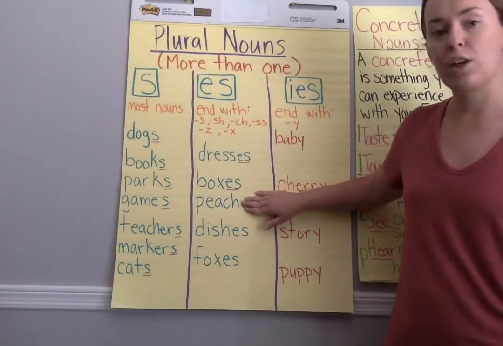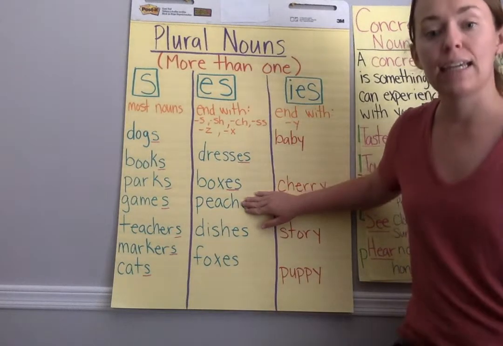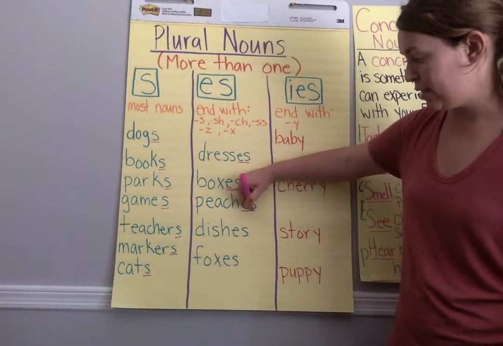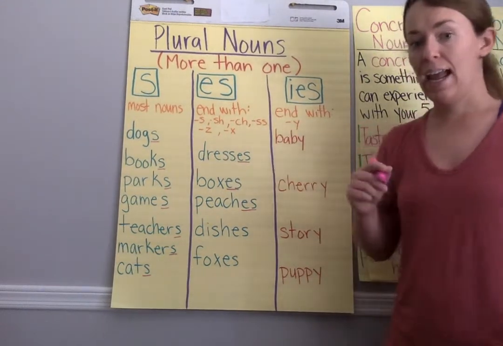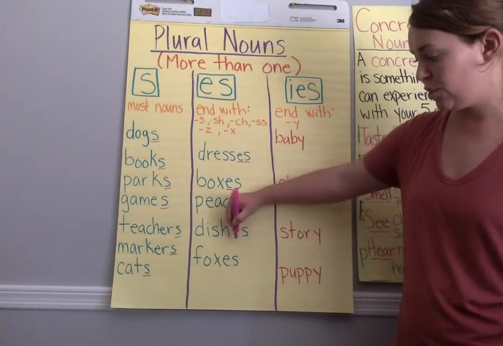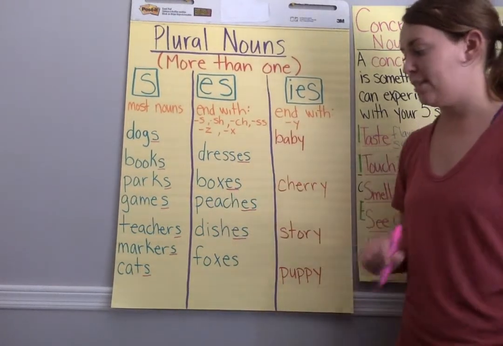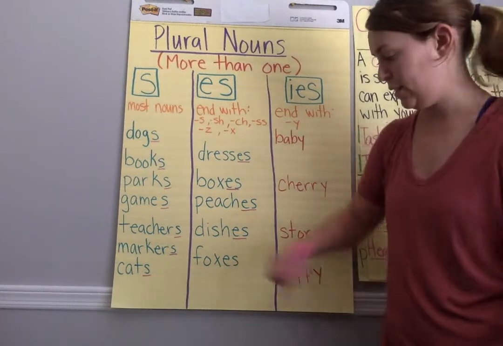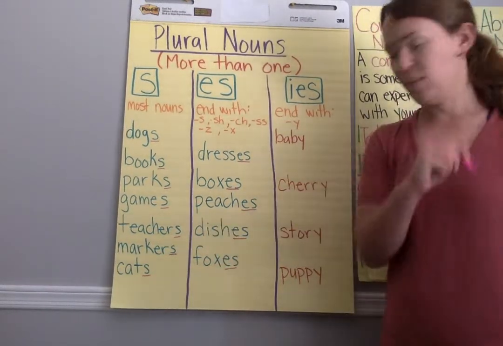If we start with the word peach, to make it more than one peach, we need to add the ES, peaches. And for dishes, notice that it ends in that SH, so we add the ES, not just an S. And same goes for boxes. Okay?